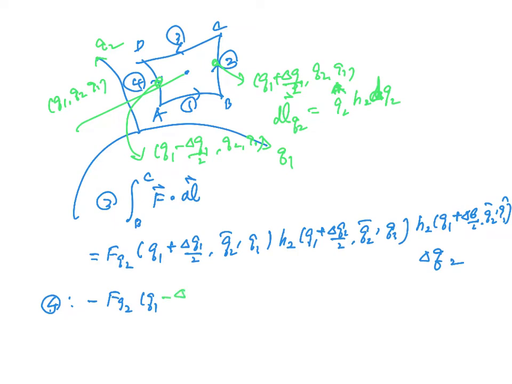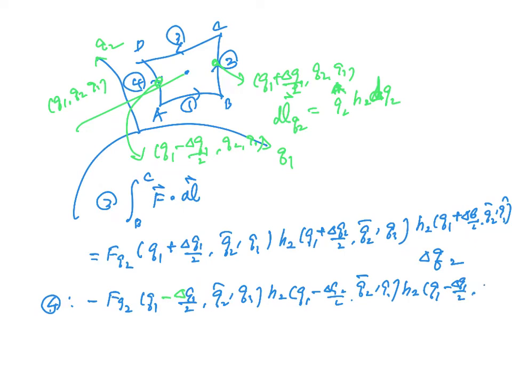Delta Q1 over 2, Q2 bar, Q3, H2, Q1 minus delta Q2 over 2, Q2 bar, Q3, H2, Q1 minus delta Q1 over 2, Q2 bar, Q3 times delta Q2.